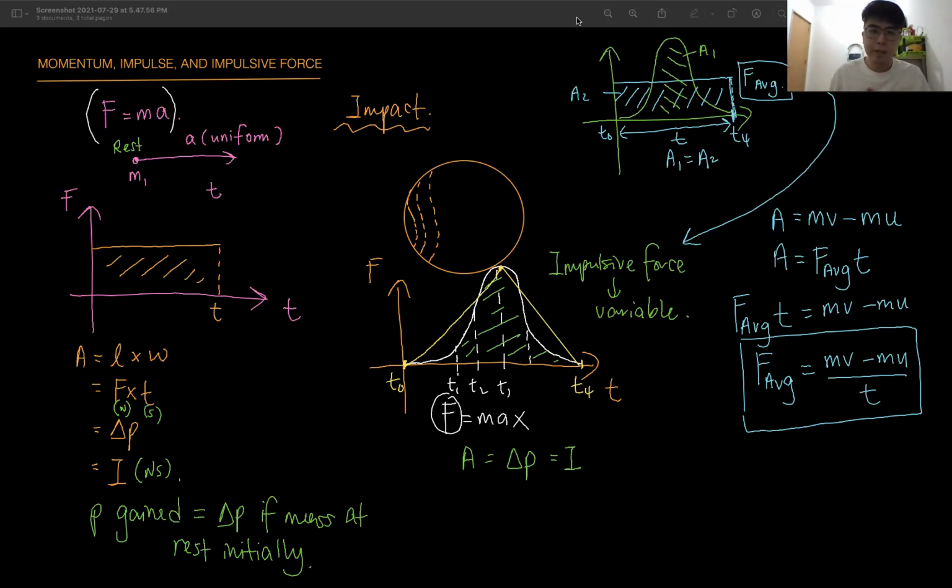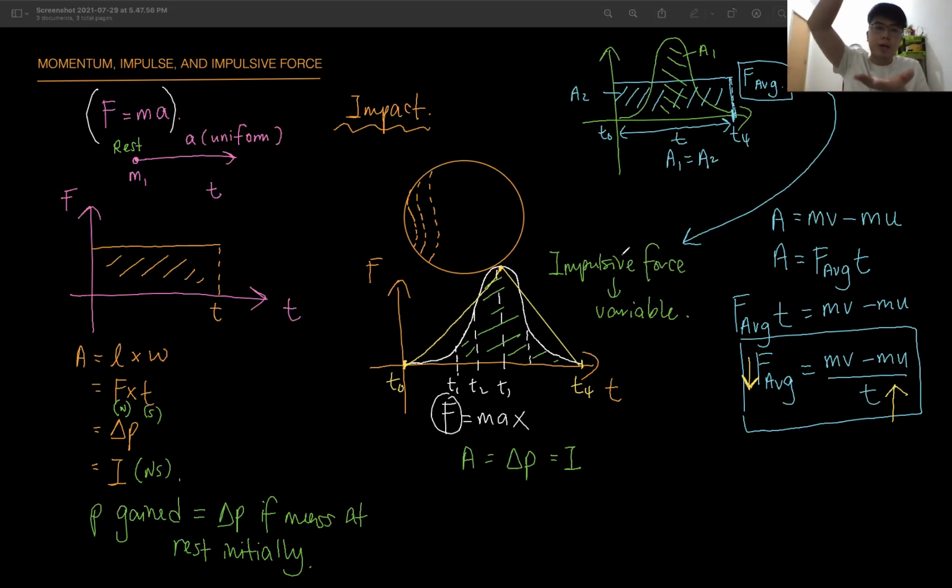We can also see that the longer the time, the smaller the average force. The shorter the time, the higher the average force. So in any impact, if we can lengthen the time, we can decrease the force.